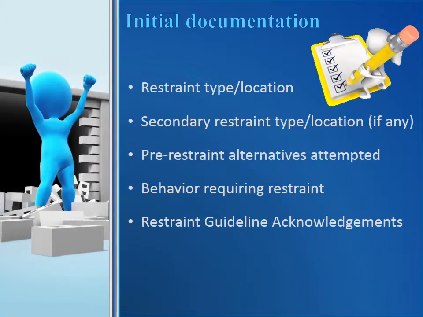If there's none, then you would put none. If there were any alternatives attempted before putting the patient in restraints. Behavior requiring restraints, and there's also a comment area where you can actually type, how is the patient acting? What were they doing that made them need the restraint? And then also you have the restraint guideline and acknowledgments that you've explained it, the patient understands it, if this is appropriate, and you will be documenting all of these.